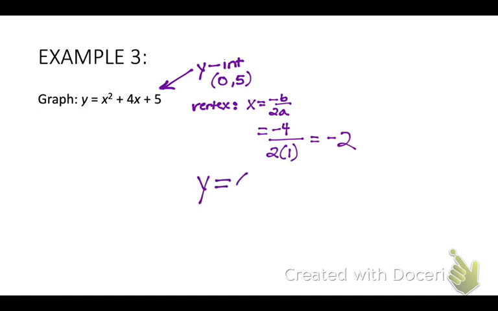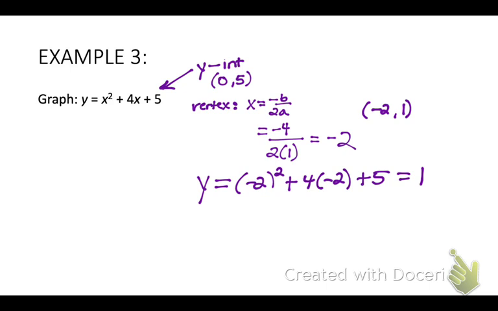So y equals -2 squared plus 4 times -2 plus 5. And if you trust me on that one, it comes out to be 1. So that means my vertex is at -2, 1.